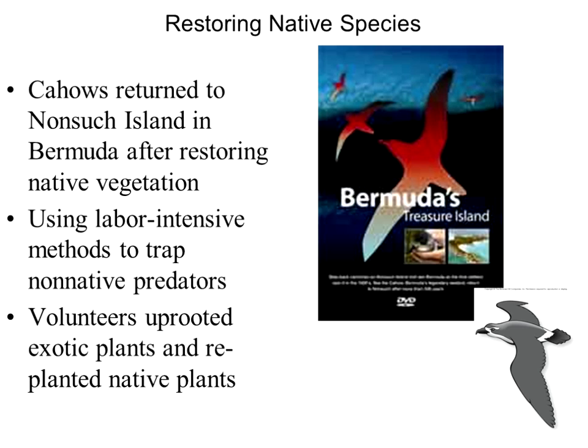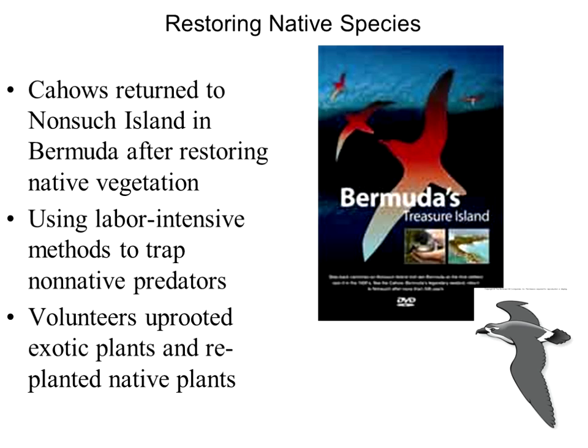This particular bird, Cahows, returned to Nonsuch Island in Bermuda after restoring the native vegetation. So you'll see this, if you restored the food source, you can often pull the animal community in. They used labor-intensive methods to trap the non-native predators out, the invasive species that were affecting the native bird population.